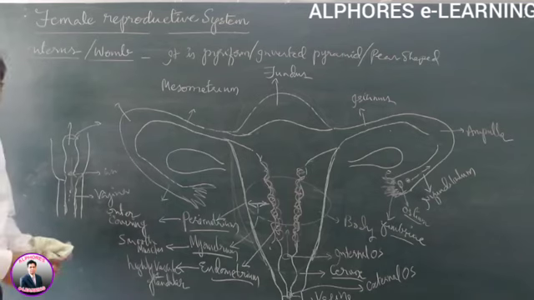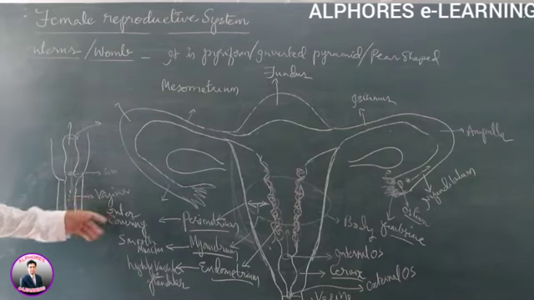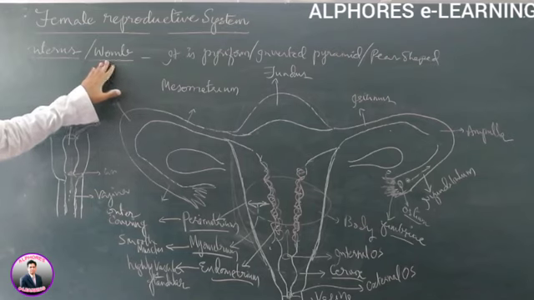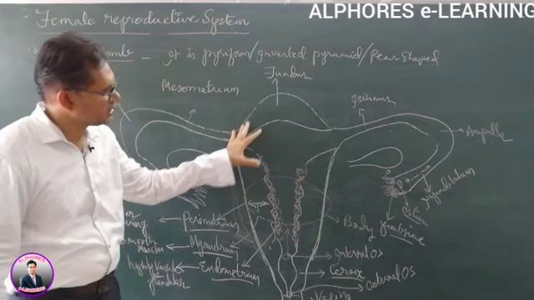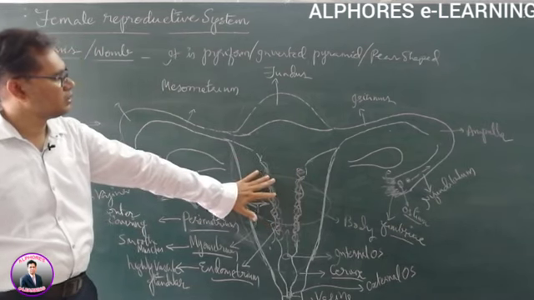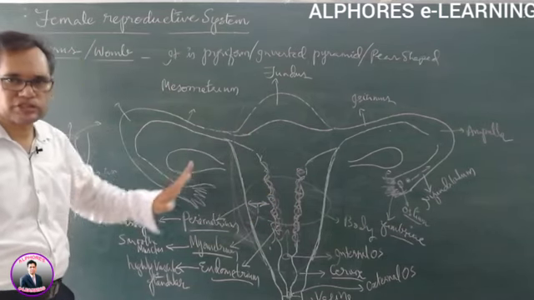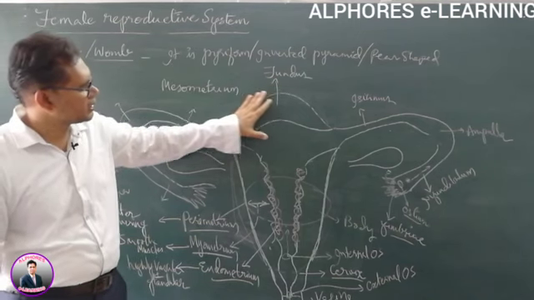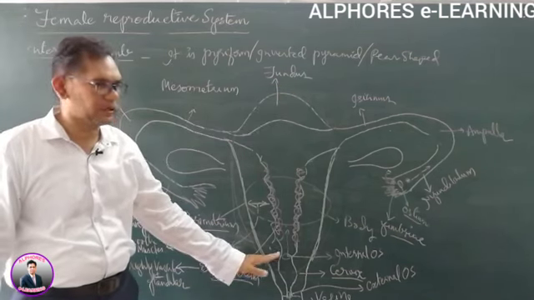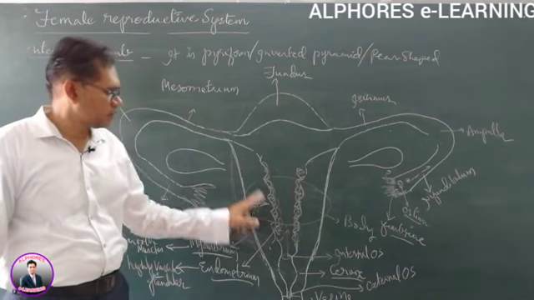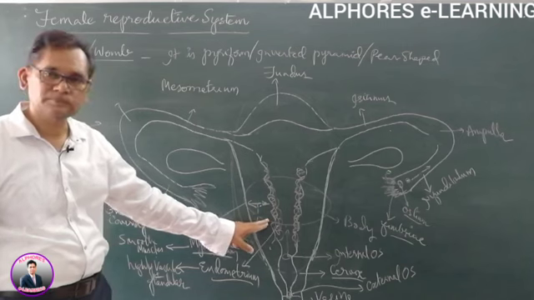Now briefing this again: the uterus or womb is an inverted pear-shaped structure, or pyriform structure. The anterior wider part is called the fundus, the posterior region is called the cervix, and the middle part is called the body.